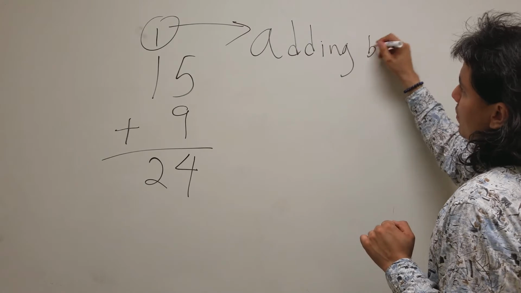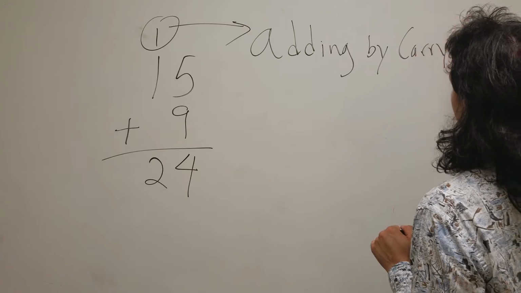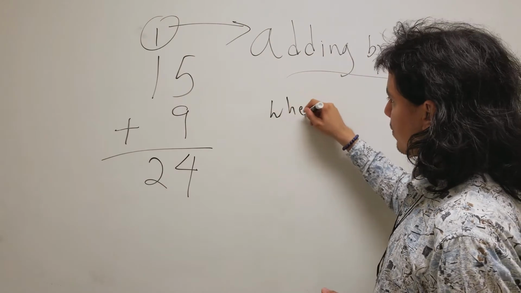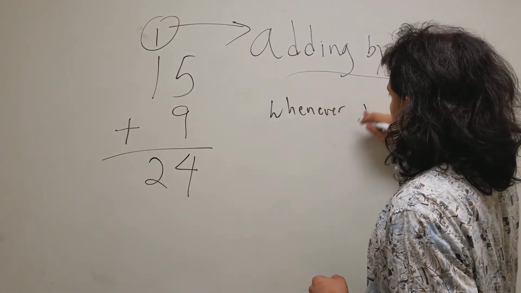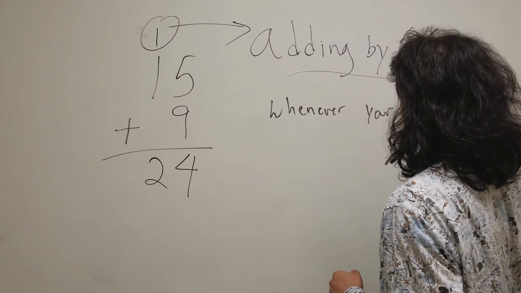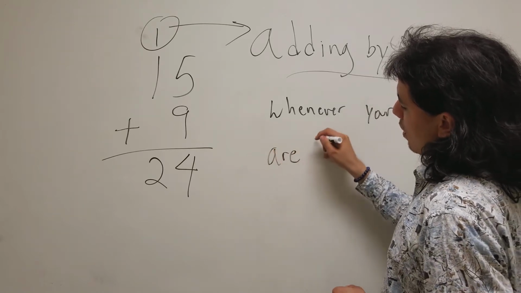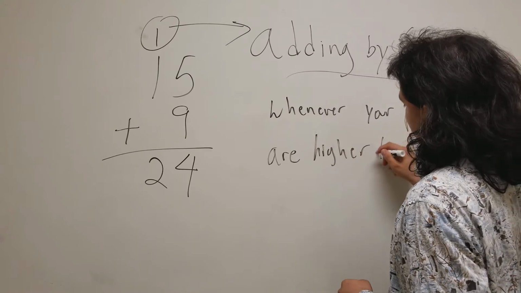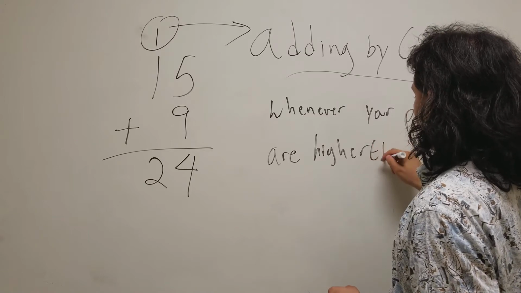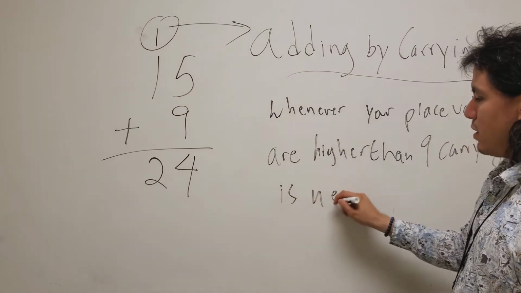adding by carrying. Adding by carrying is basically whenever your place values are higher than 9, carrying is necessary.